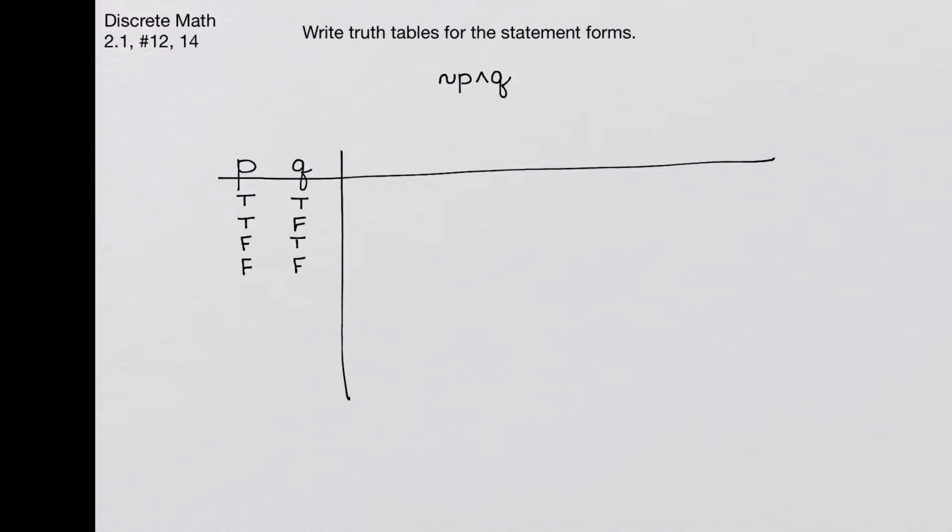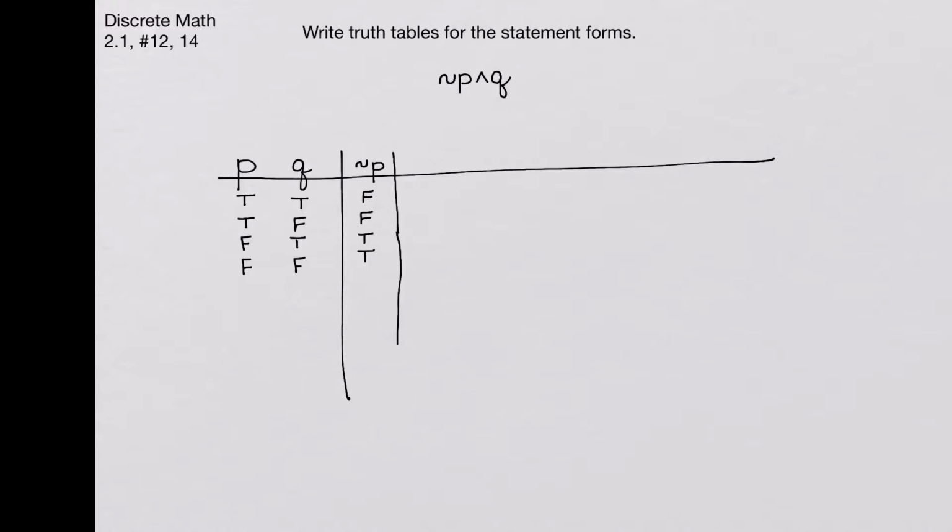So the next thing to do in our order of operations is to negate the variable P. So I'm going to write not P, and I'll put a vertical line for that. Not P is just going to have the exact opposite truth value of P. So it's going to go false, false, true, true. All right, and that's all filled in.